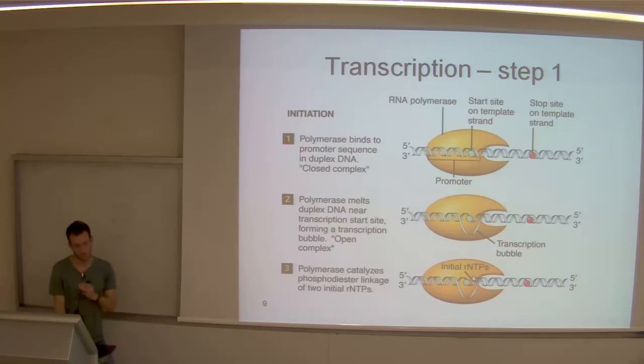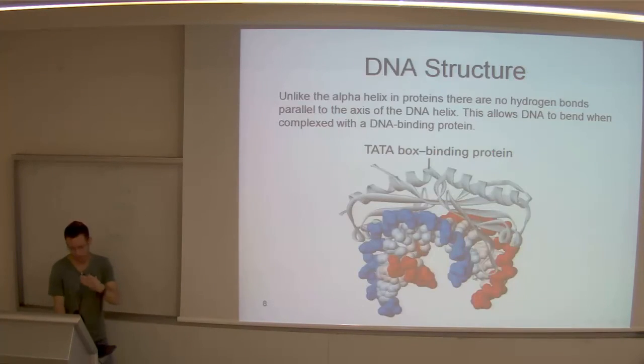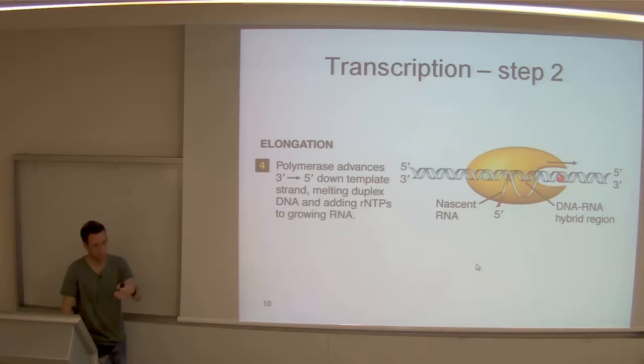This link is rather small, and then the next couple of linkages are still kind of slow, and then the attachment of new nucleic acids becomes very, very rapid. So in elongation, it can transcribe a whole gene in a matter of seconds sometimes.